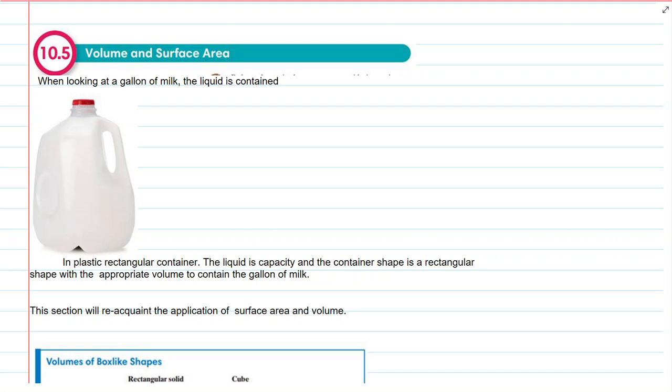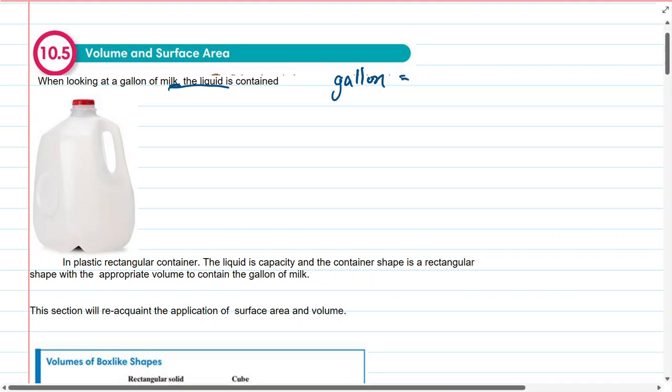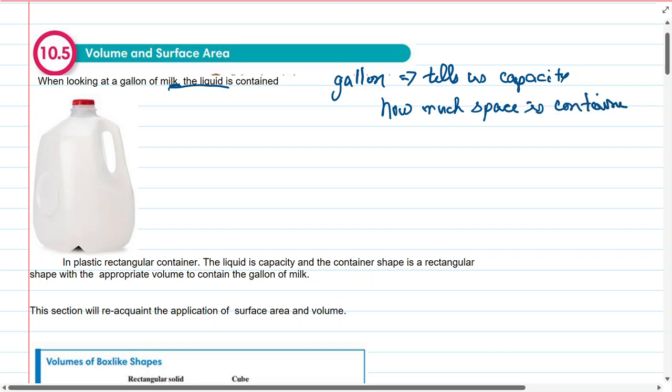So our first look here is that we have a gallon of milk. Well, a gallon tells us capacity, how much it'll hold. So we're going to say it's the space contained inside the polygon.